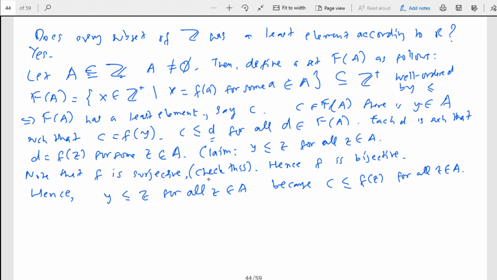Now, with that, that's examples of well ordering, and now we look at how this is useful in mathematics, because the well ordering is used to establish the fact that the principle of induction is valid.